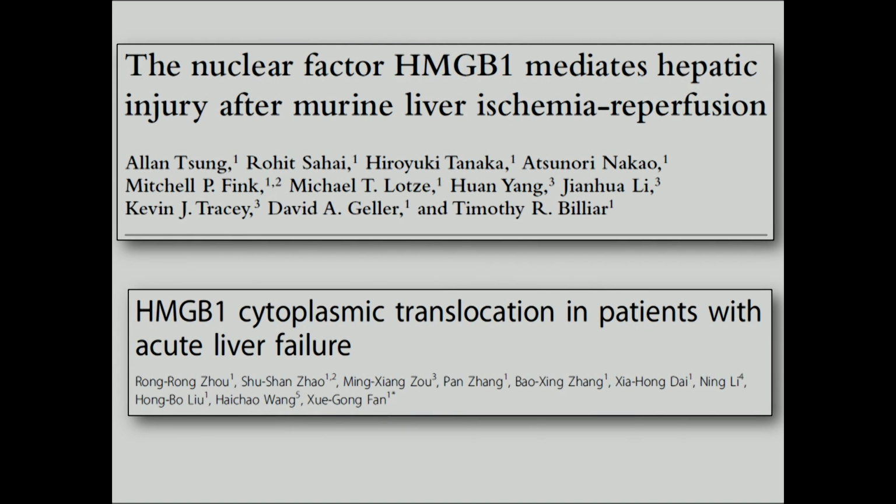And during these studies, we saw that HMGB1, a classic nuclear protein, turns out to, during damage in the liver, get translocated out of the nucleus into the cytoplasm and out of the cell.